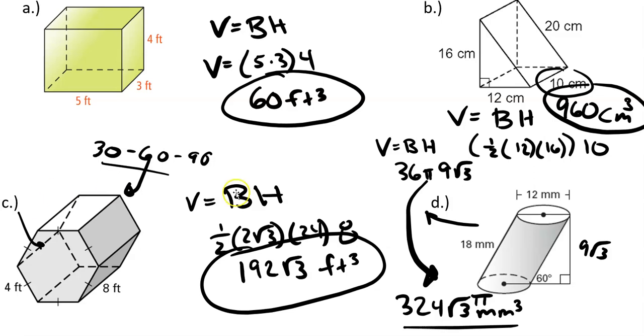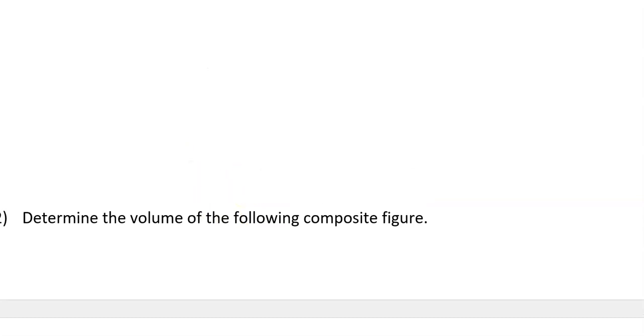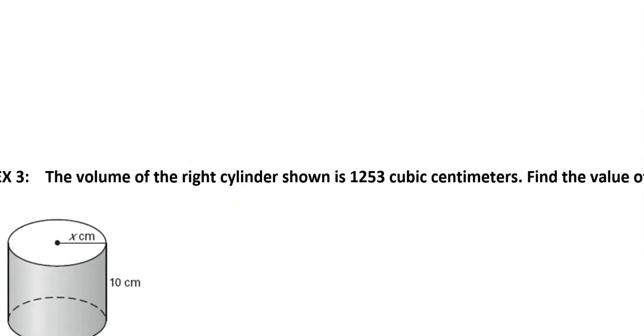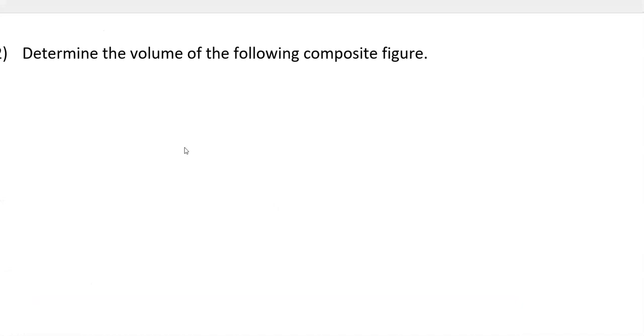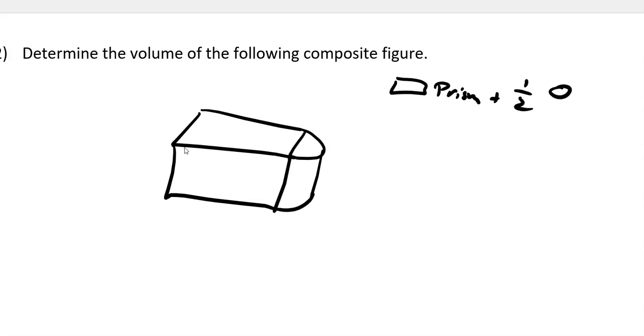Normally, if we had a full long period, your next problem would have been something called a composite figure. So your next problem would have looked like this. We will do one of these later. So this would have been your problem, and all you would have needed to do is say, we have no formula for this figure. What I do know is it is going to be a rectangular prism plus 1/2 of a cylinder.